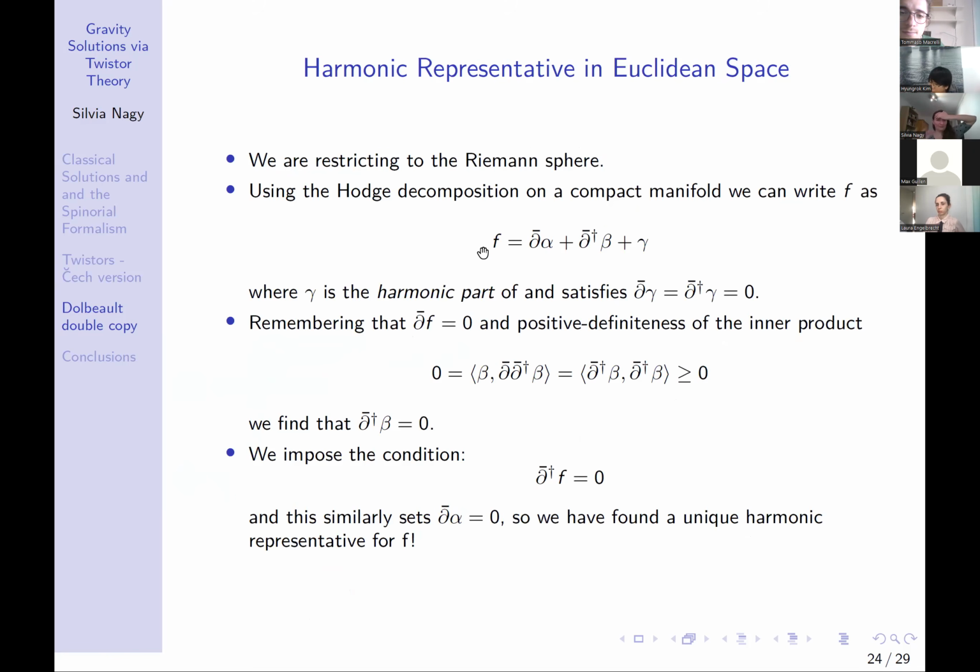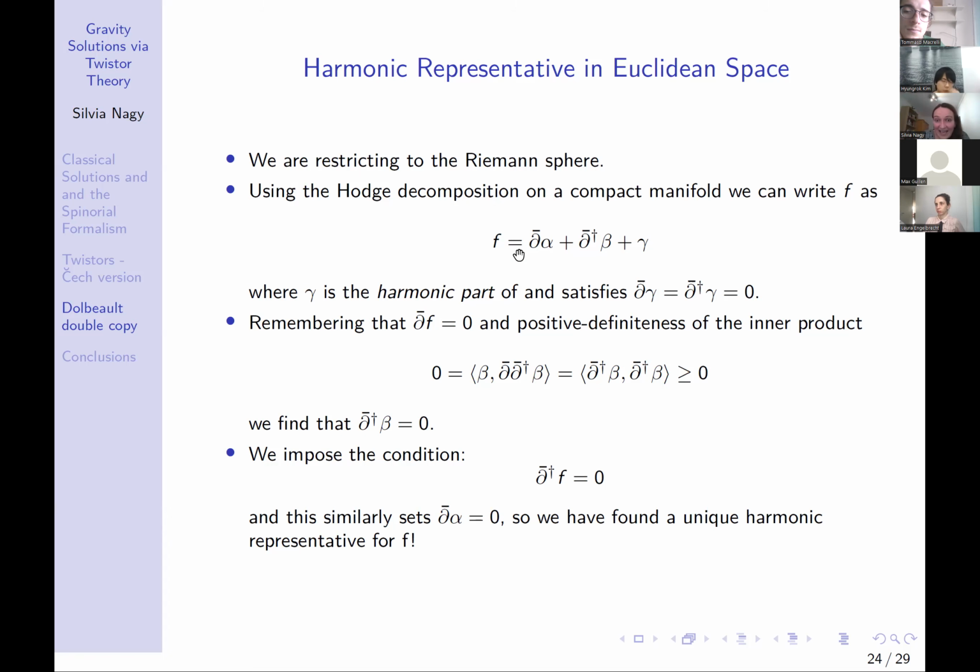Now, to remind you quickly of something you're probably familiar with: on a compact manifold, and here we are working on the Riemann sphere, we have the Hodge decomposition for any form. Because F is anti-holomorphic, I have bars on everything here, right? So I have the exact part, the coexact part, and the harmonic part, which satisfies these equations.